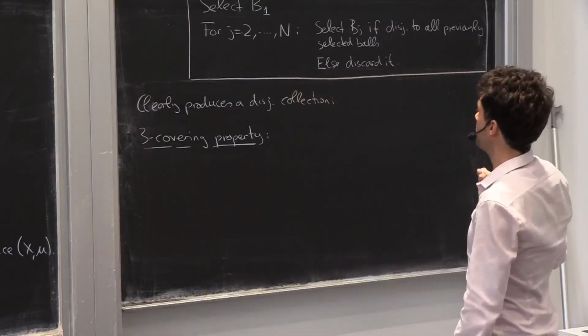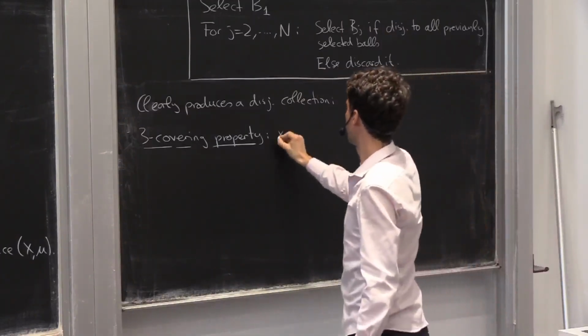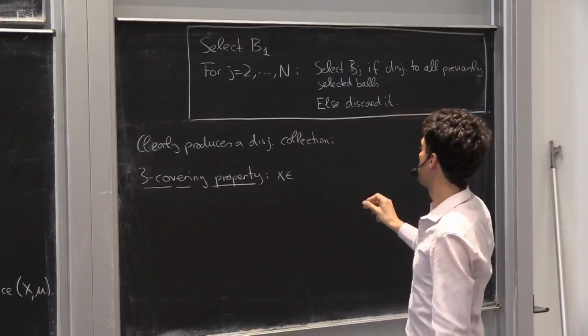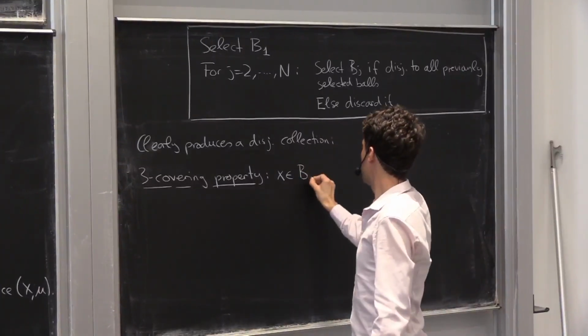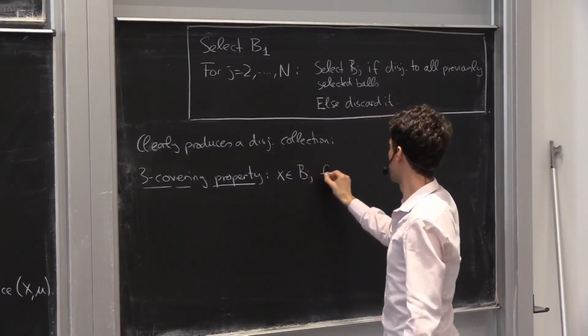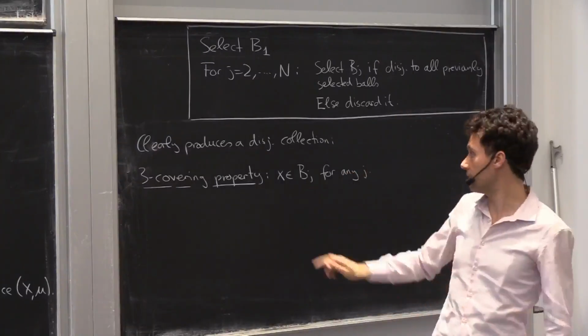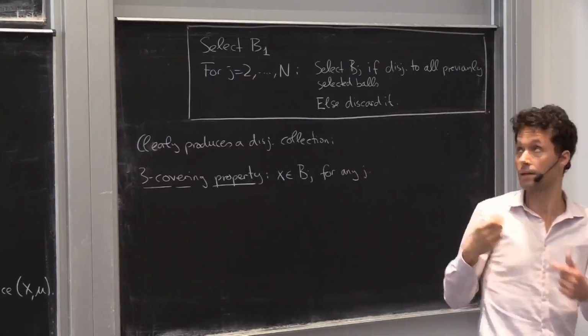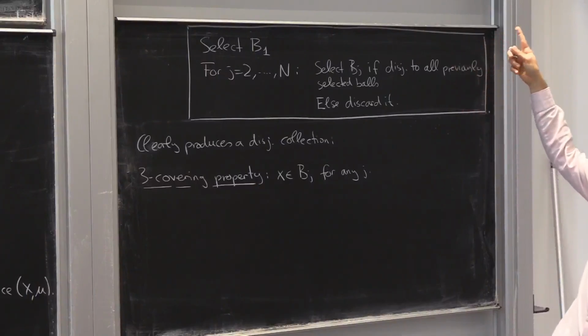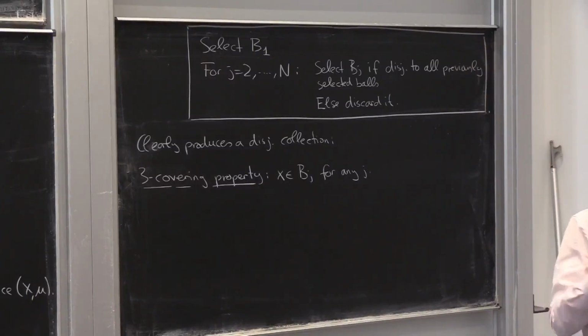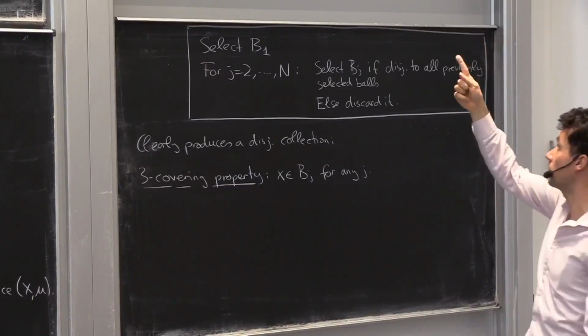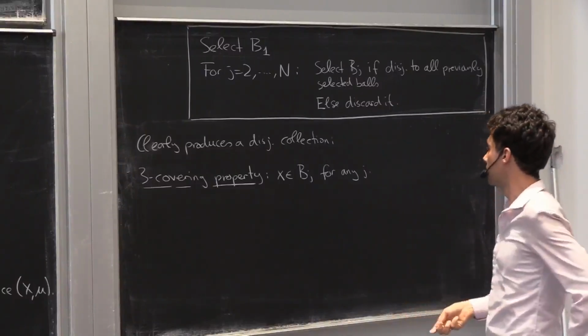So I take any x in Bj for any j, and I need to prove that this point is contained in the union of the 3B prime, where B prime just runs over the new collection B prime.